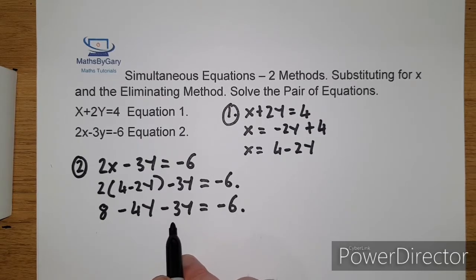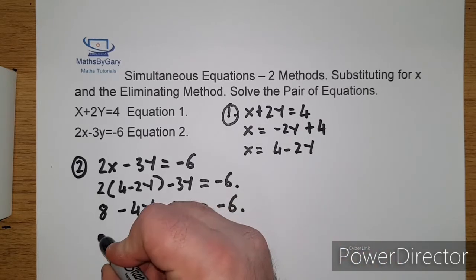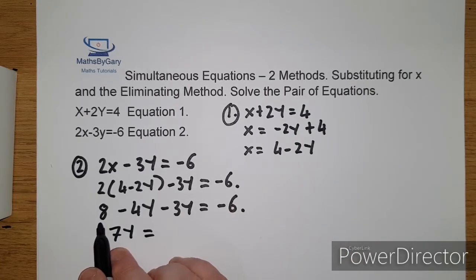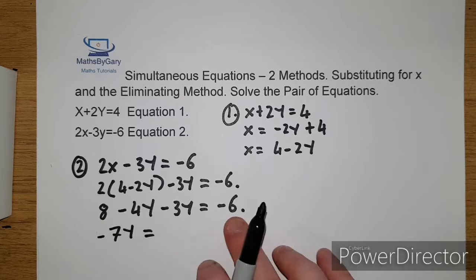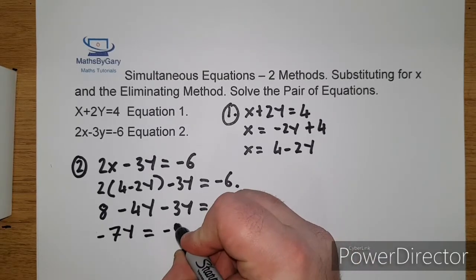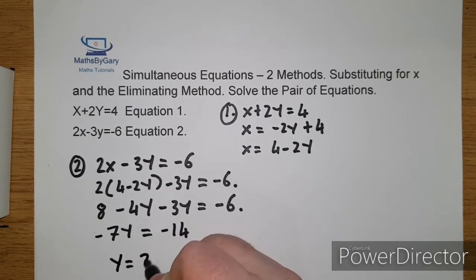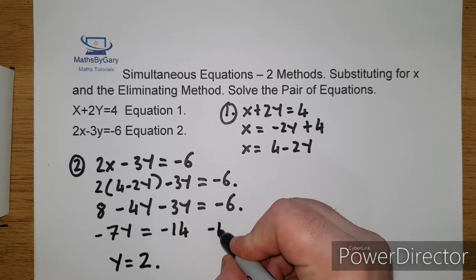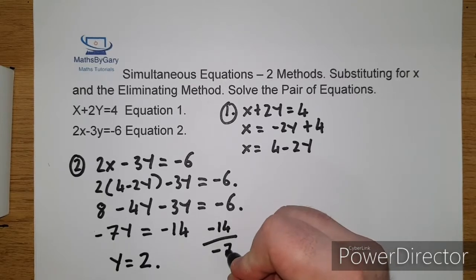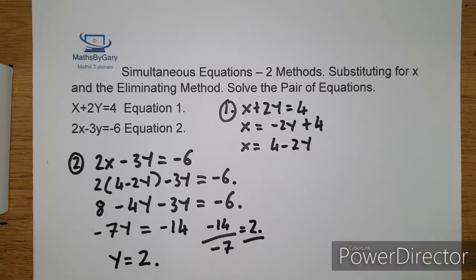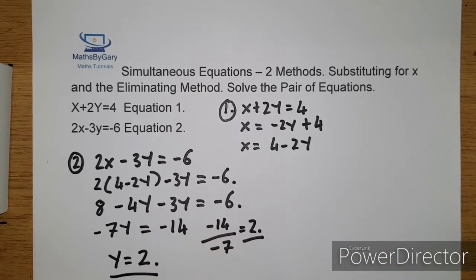Minus 4y plus minus 3y gives us minus 7y, and then we take away 8 from the left hand side, so we have to take away 8 from the right hand side. Minus 6 take away 8 gets us minus 14. If we work that out, y will be positive 2, because minus 14 divided by minus 7, the minuses cancel out to give us positive 2. So in this case, y equals 2.